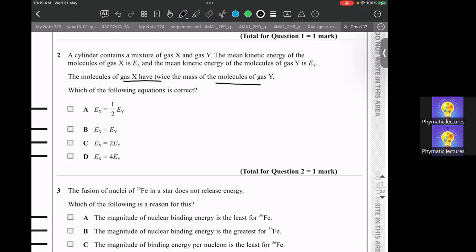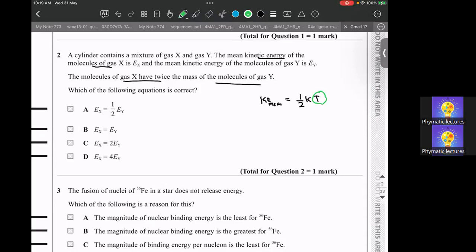This is the mean kinetic energy of a molecule of gas, correct? By Boltzmann's law, the mean kinetic energy is equal to (3/2)kT. So kinetic energy only varies with the temperature. Since there is no clue about a change in temperature, here only one thing is changing, that is the mass.